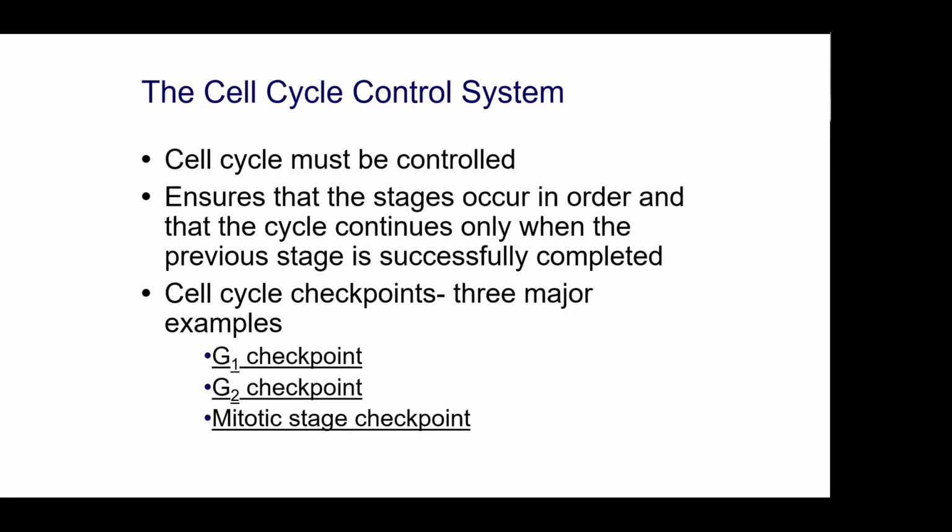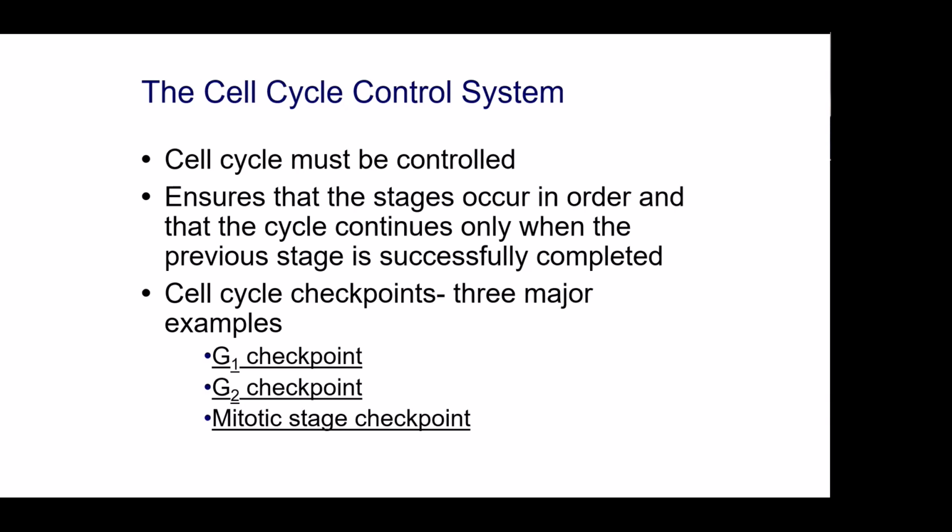So, as I've hinted at before, the cell cycle is extremely important. We need to control it because it assures that things happen when they should. All of these different components don't just happen willy-nilly. And so there are checkpoints the cell will go through that determine whether it can go into the next stage of the process.